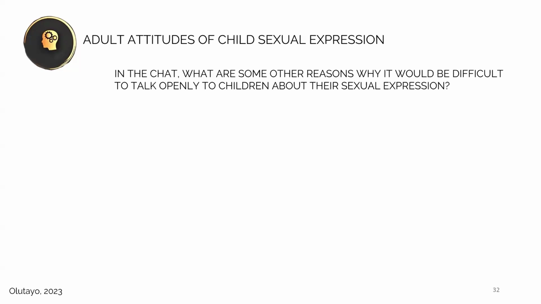And not only that, can it be redirected? Sometimes a child may look at or touch or point to someone's genitals, but it's the rubbing of someone's genitals. So that's different.